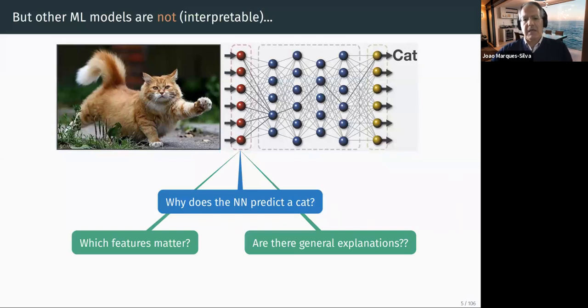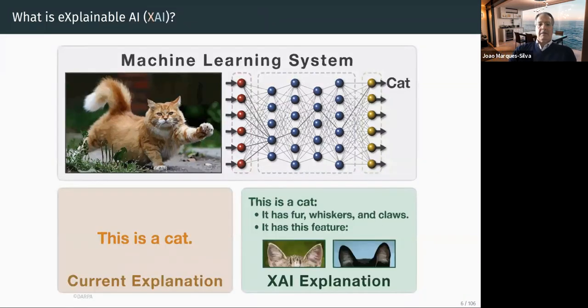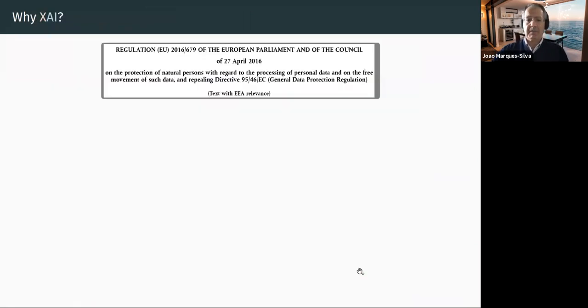This problem has been around now for a few years, and this is what some people understand as explainable AI. What we have right now is, well, this is a cat, and this is what you get in most machine learning systems. And what we would like to see is, this is a cat, and then an explanation for why it is a cat. I should say that we are very far away from this, but this is what people are working towards.